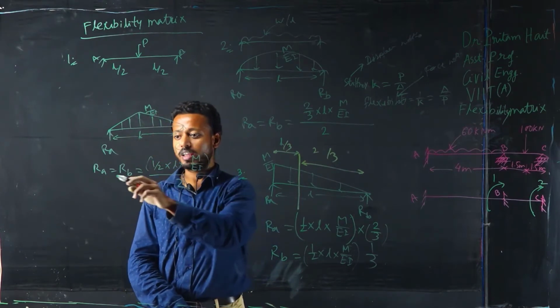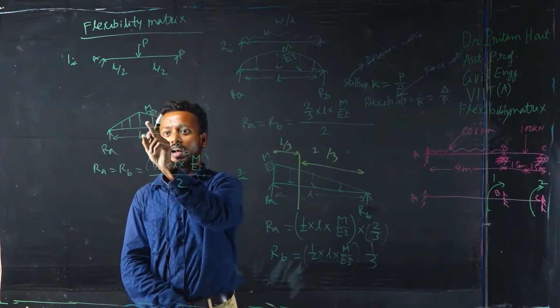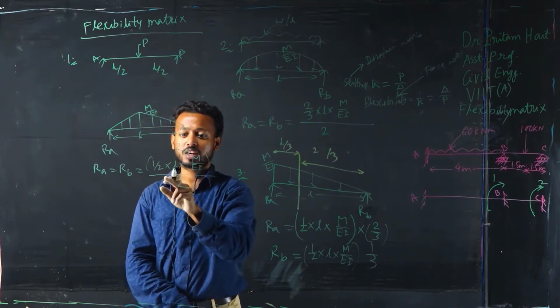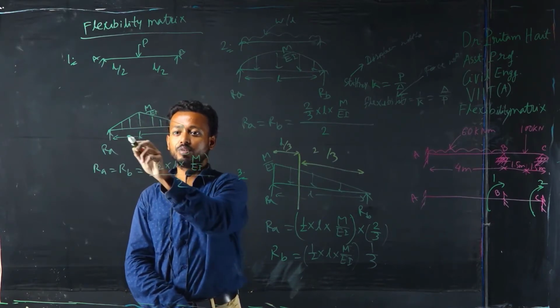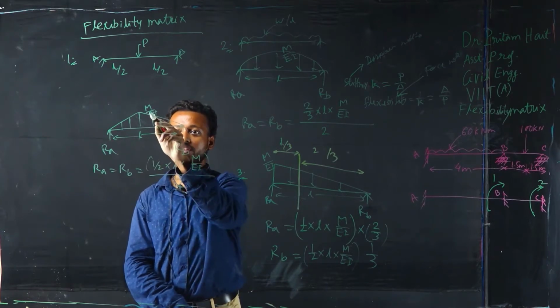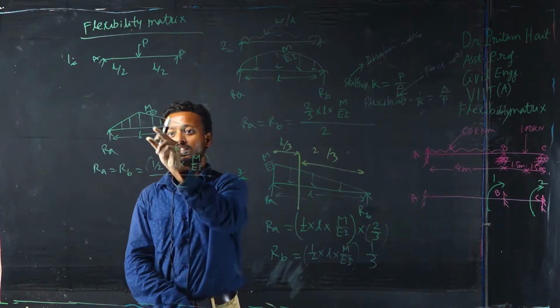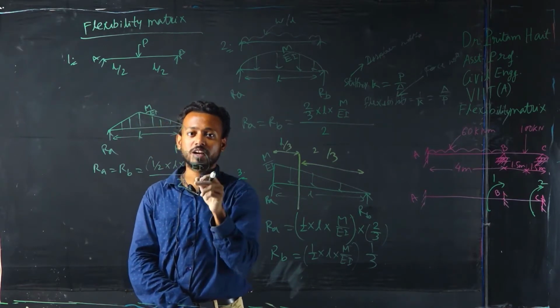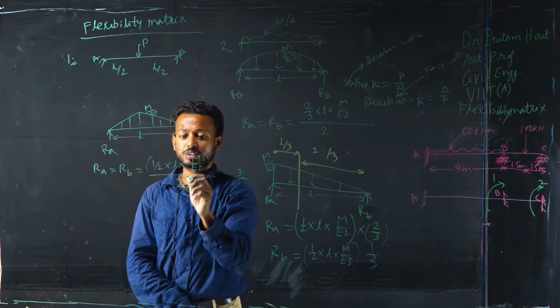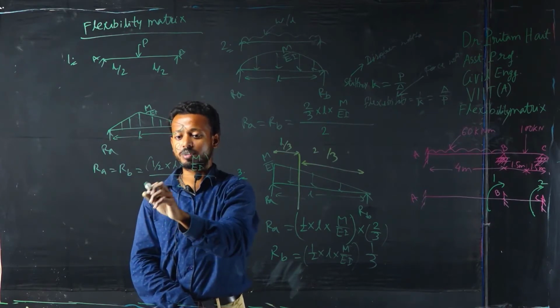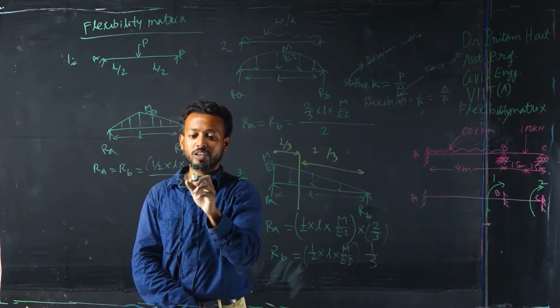RA equals RB equals the area of this triangle. Area of this triangle will be how much? Half into base into altitude. Altitude is M by EI. So this is the area, and this load will be divided between RA and RB. So divided by 2. So RA equals RB equals half L into M by EI by 2.